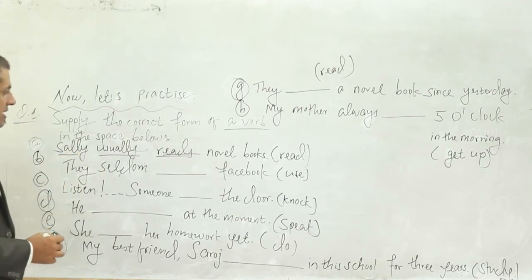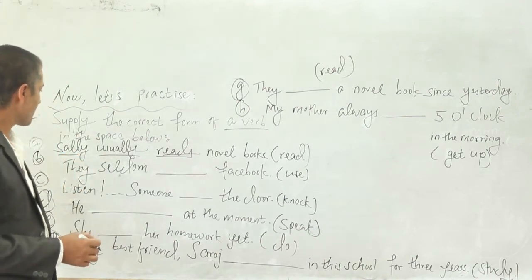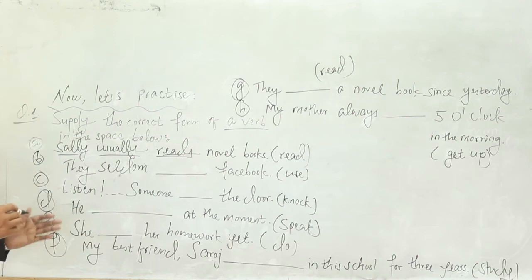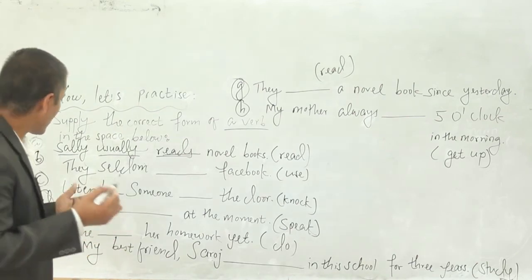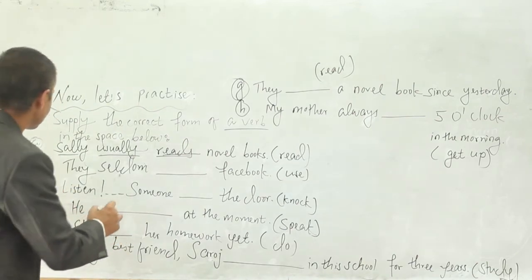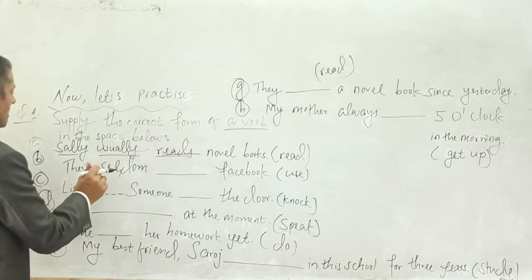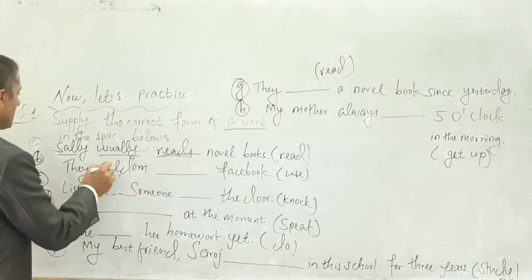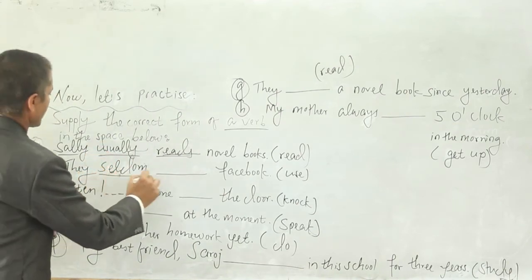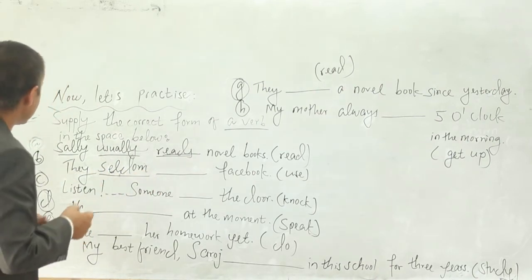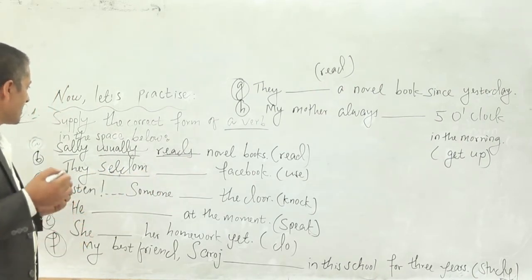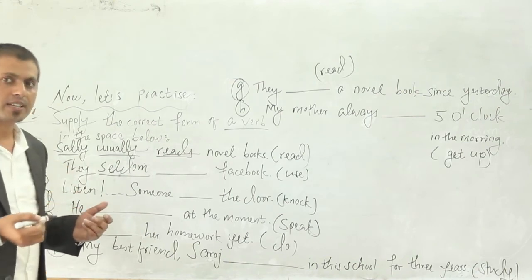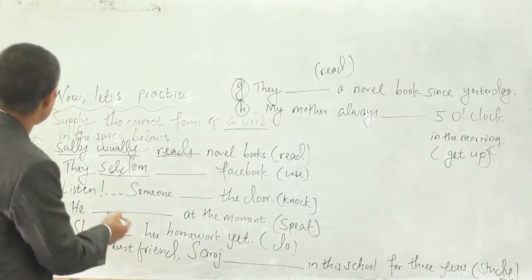They seldom dash Facebook, use. Okay, they seldom, the time indicator. What we have to see first, we must have a technique, we must have an idea. Here we have seldom. Seldom refers to the habit of somebody, the habit of them.